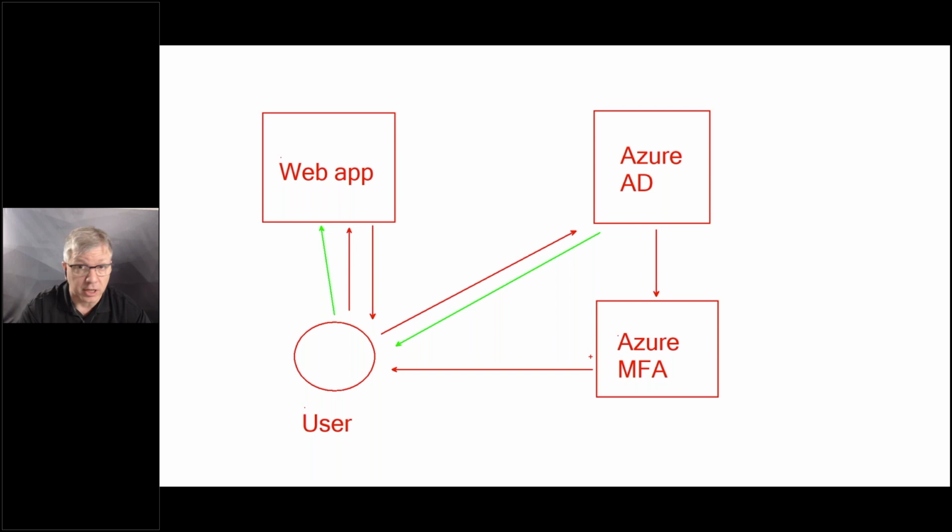If you've got federation, you're using ADFS, you can use that with Azure MFA. And it's a good architecture to really give you a flexible and strong capability. All right, so that wasn't terribly massive. All right, so far so good.